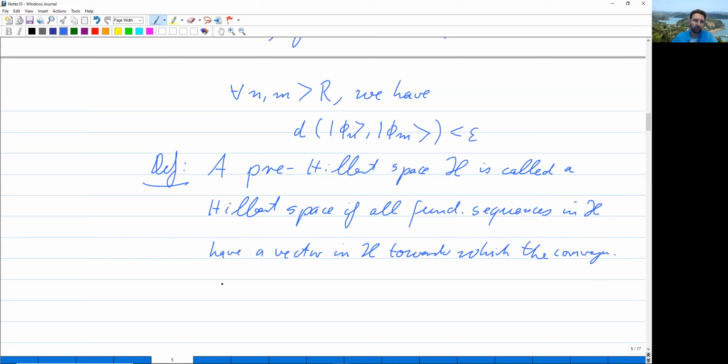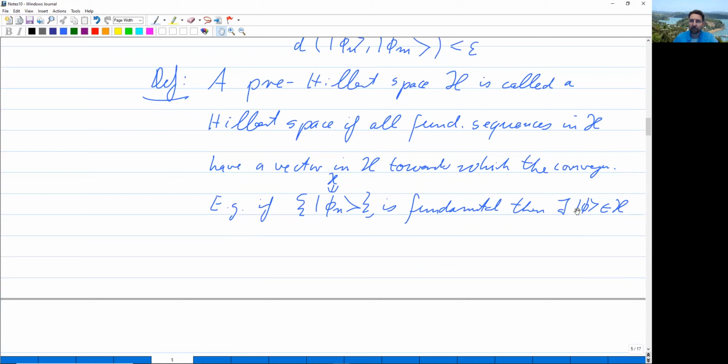So for example, if the sequence of vectors phi n is fundamental, then there must exist a vector phi in the Hilbert space. All of these have to be elements of the Hilbert space.